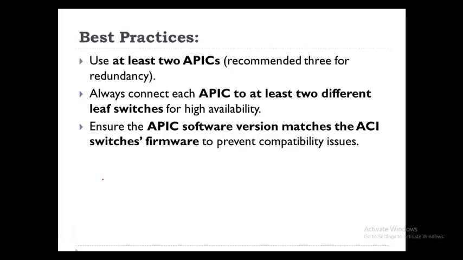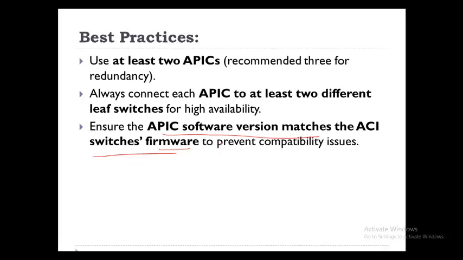Always connect each epic to at least 2 different leaf switch for high availability, which I just spoke. Ensure that the epic software, this is very important. Ensure that epic software version matches the ACI switch firmware. Otherwise, you need to upgrade to prevent compatibility issues.